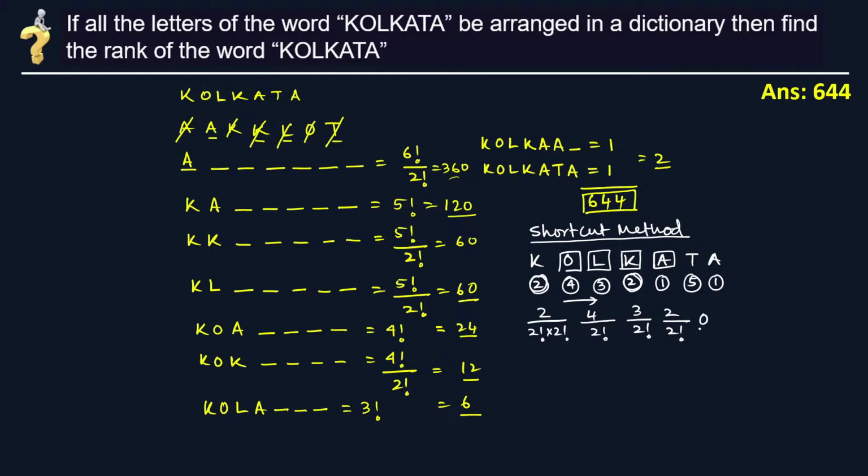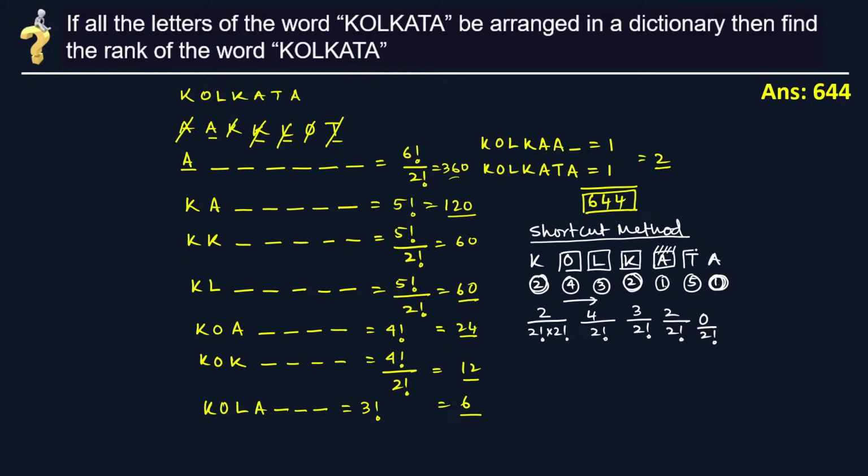Nothing. But it will be divided by factorial 2. Why? Because 1 and 1, I am considering this A. So the number assigned to this A is 1. And we are having 1 again at this side. So it has to be divided by factorial 2. But there is no number which is less than 1. That is why I have considered that thing as 0.